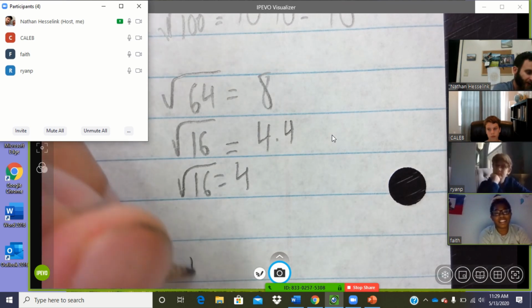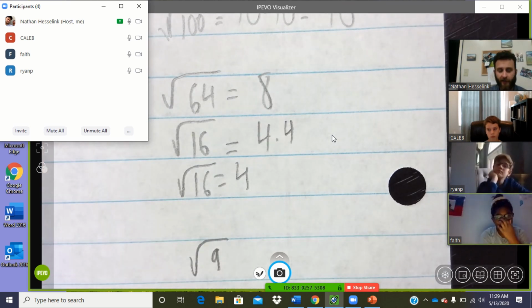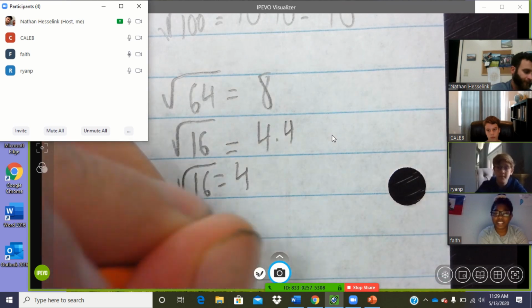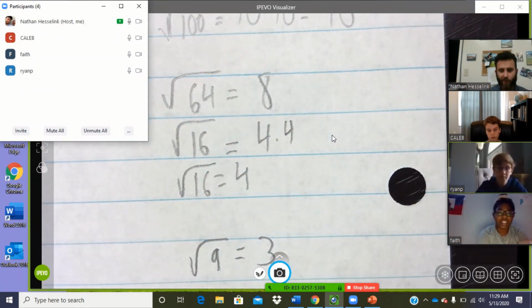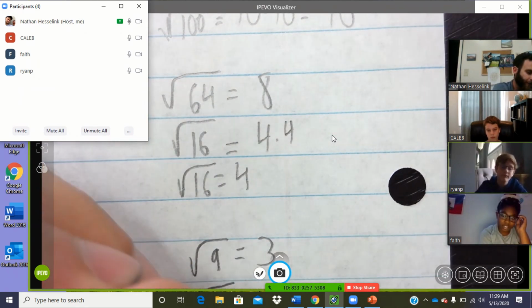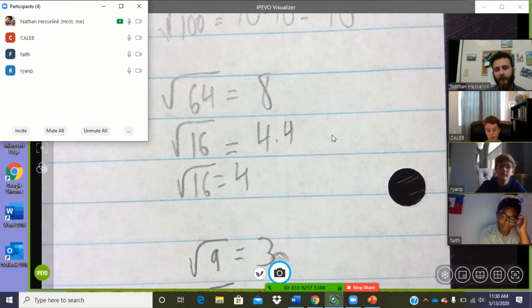What's the square root of 9? What number times what number equals 9? That's the same number. 3. Okay. Square root of 121. What number times what number that is the same number?